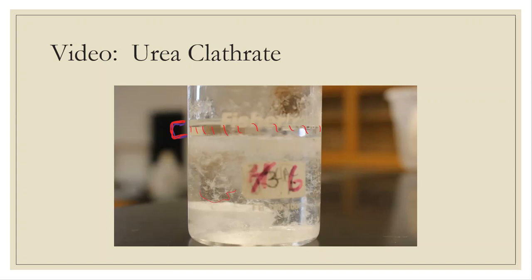It also, of course, looks like there's a lot of solid precipitate that's beginning to happen, and they are very long needle-like crystals that begin to form out of that beaker. Those crystals, that's the clathrate that's forming. So when this begins to happen, the urea has now surrounded one of those alkanes. I don't know which one it is yet, but it's one of those alkanes.